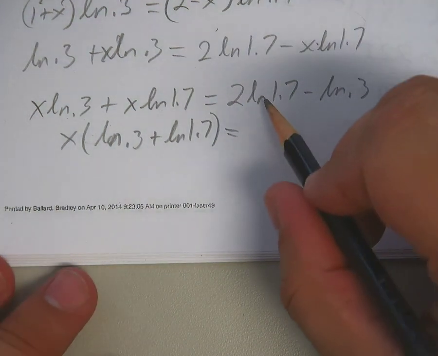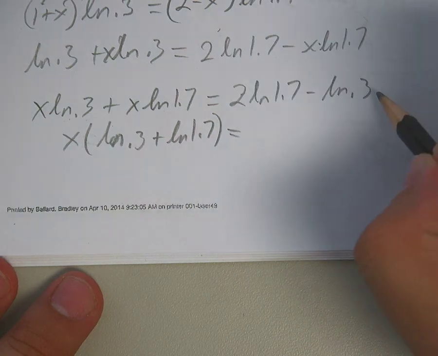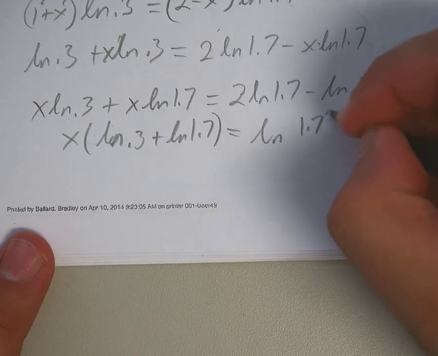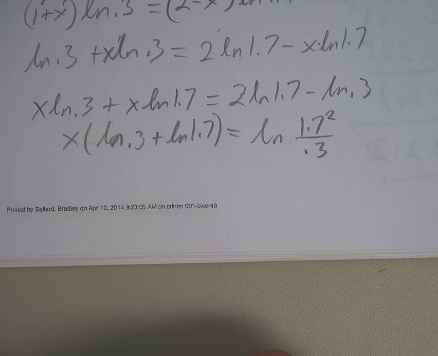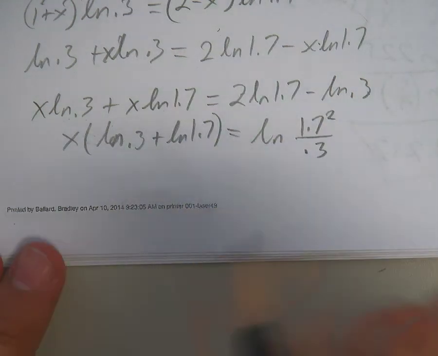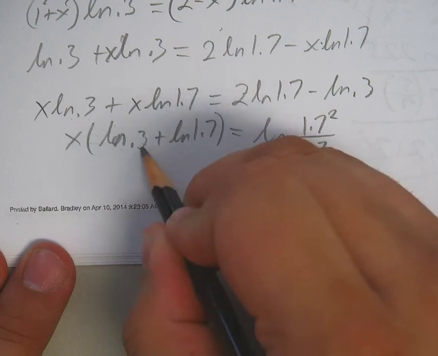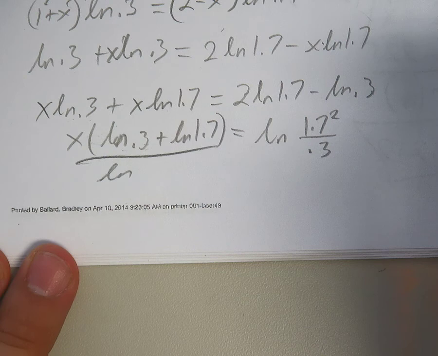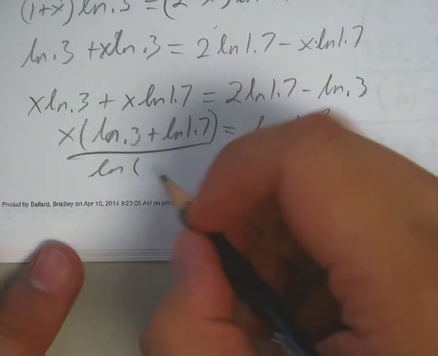I'm going to simplify this other side. This will be 1.7 squared divided by 0.3. So the natural log of 1.7 squared over 0.3. And over here, I'm going to divide by the natural log of 0.3 times 1.7, the natural log of, and this turns out to be 0.51.